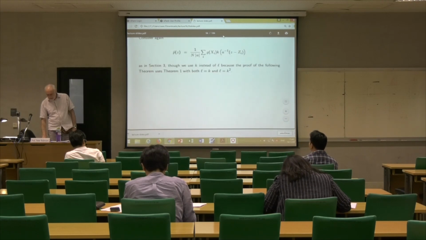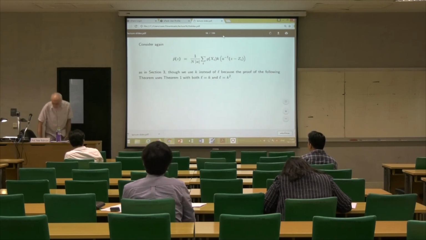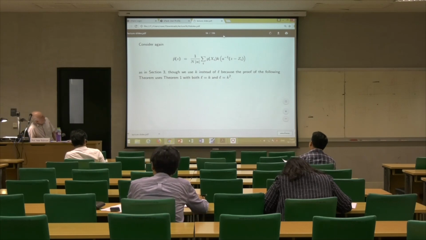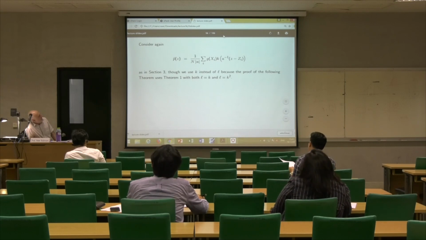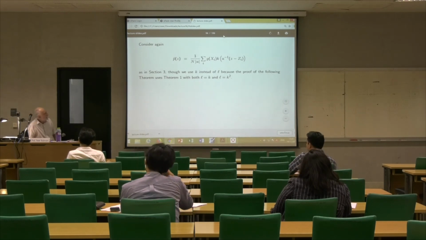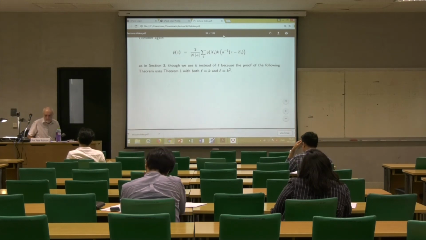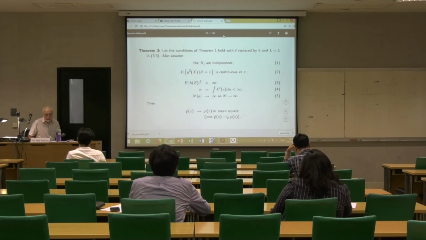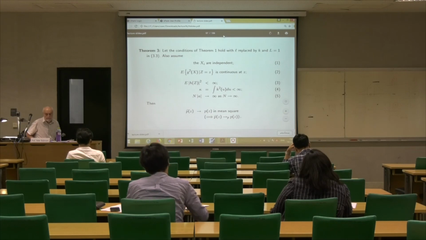So what I'm going to do now, again, I'll revert to looking at a quite general statistic, where we've got a general vector x consisting of y and z and so on. So it's all quite general. What we have, and again, I've got the theorem and the conditions.